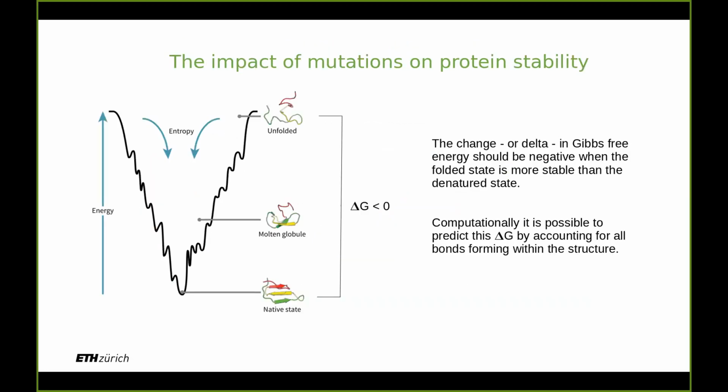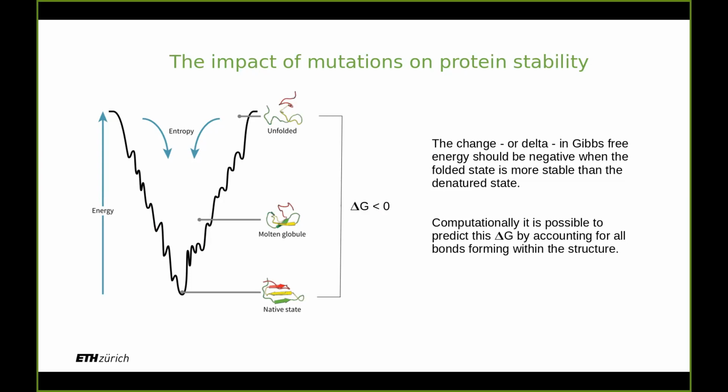And so, as I said, there are computational methods that can help us to estimate the stability of a protein structure based on all the energy terms that go into, for example, predicting whether a hydrogen bond would be favorable, or whether, for example, different residues are clashing with each other, which would not be very favorable. And so this delta G, this change in Gibbs free energy, should be negative when the folded state is very stable.